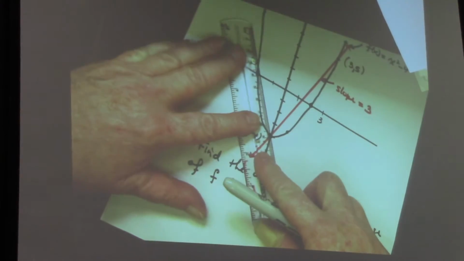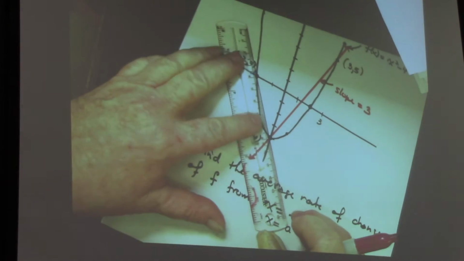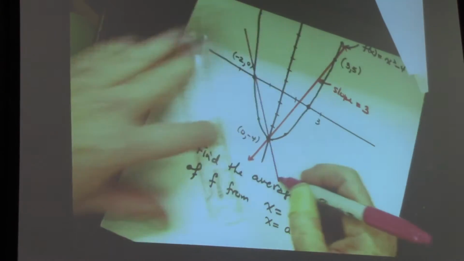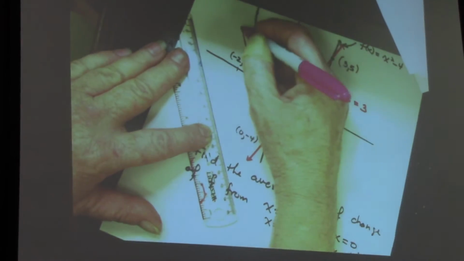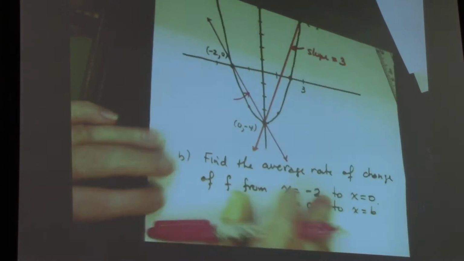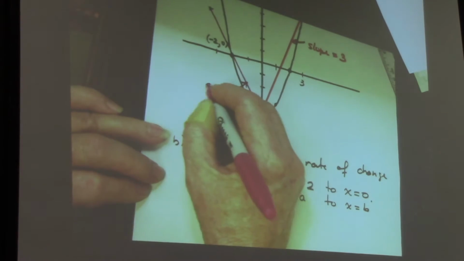Okay, so if I draw that line through those 2 points, where x equals -2 and where x is 0, then what's the slope of that line? And what did we find out that the slope was? -2. The number I just found was -2.